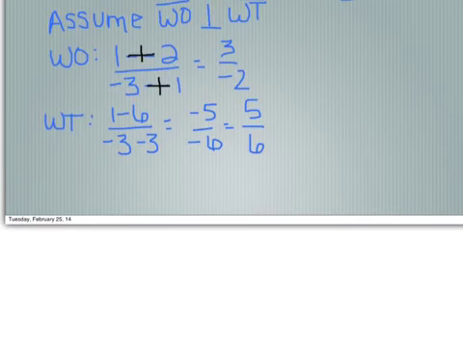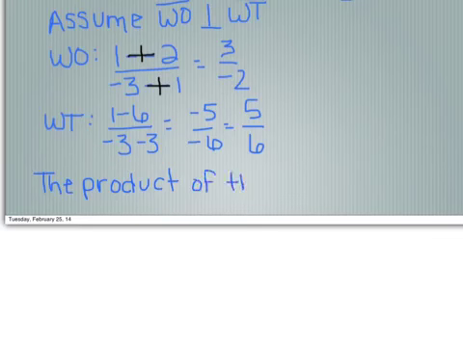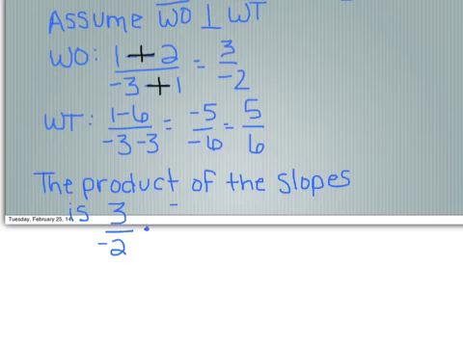So I would say the product of the slopes is 3 over negative 2 times 5 over 6, and show that that would be 15 over negative 12.